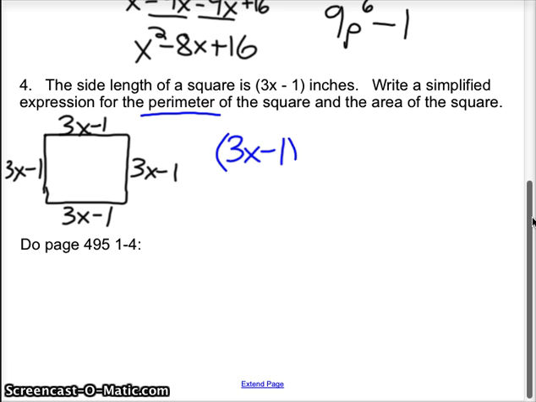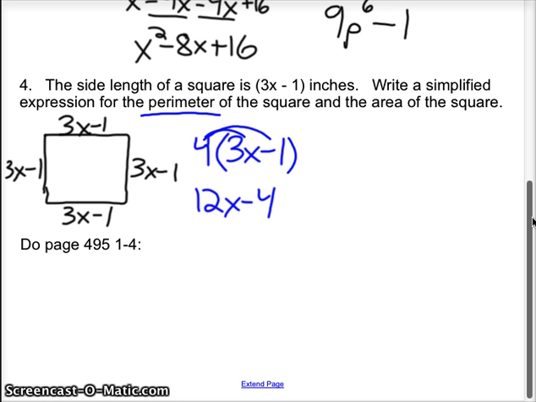So really, we can just take that and multiply it by 4, because again, we're adding it up 4 times. So for the perimeter, all we're really doing is distributing that 4. 4 times 3x gives us 12x. 4 times -1 gives us a -4. So we already have our perimeter.